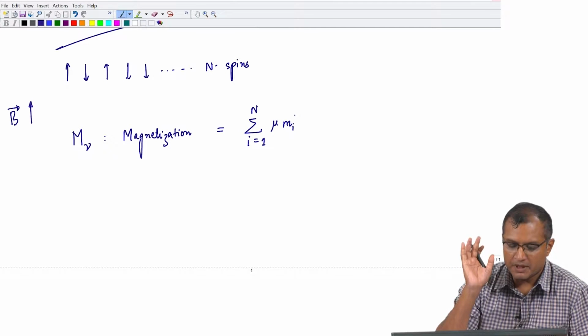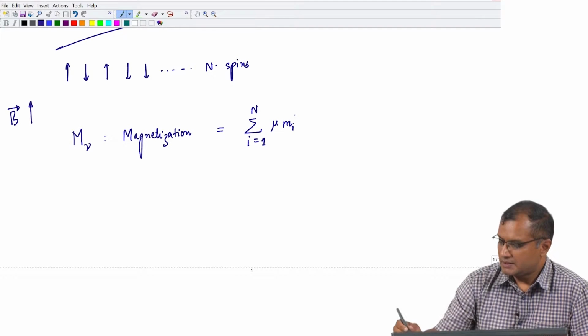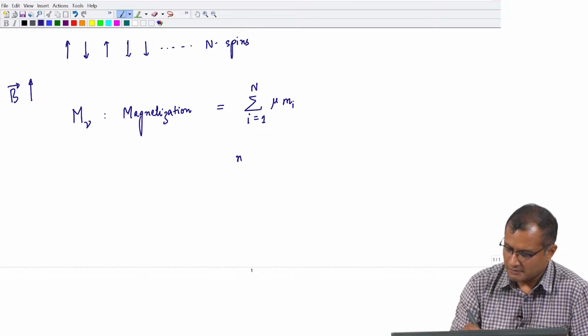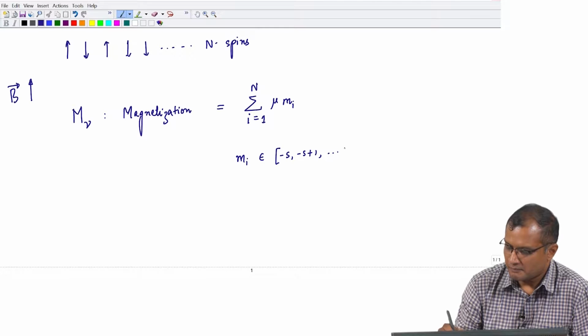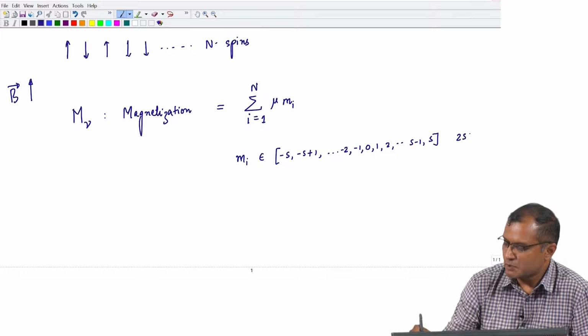Now, this is going to be a system where the values of excitation can take anything between minus s to plus s. These are basically 2s plus 1 values.